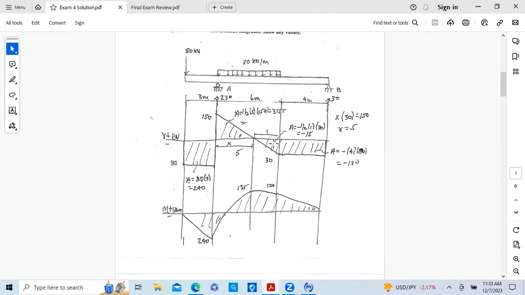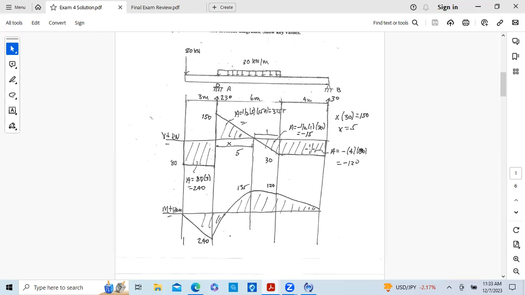Then this other area is negative, and that area is 1/2 the base, which is 1, times the height, 30. And this area then is equal to negative 15. So it's decreasing by 15 from the 135, which takes us down to 120. This rectangular area is negative.